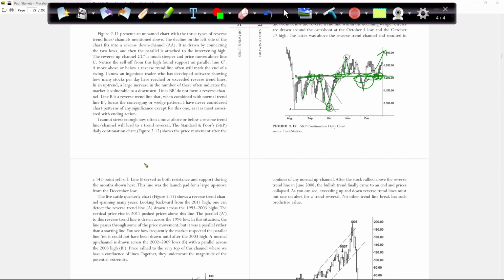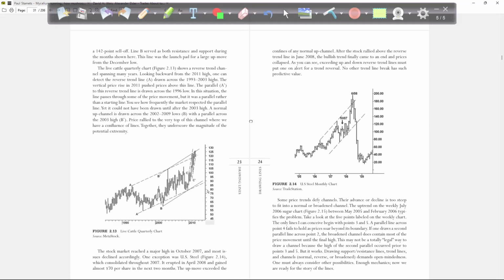The live cattle quarterly chart. Now we are moving to the next chart. The live cattle quarterly chart, figure 2.13, shows a reverse trend channel spanning many years. Looking backward from the 2011 high, one can detect the reverse trend channel, the reverse trend line A, drawn across the 1993 to 2003 high.